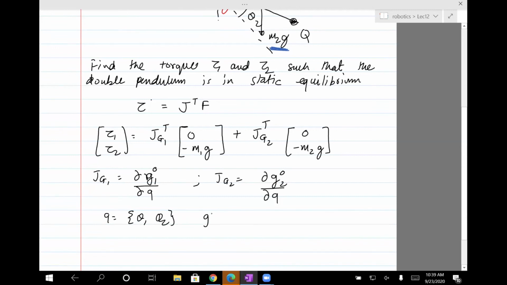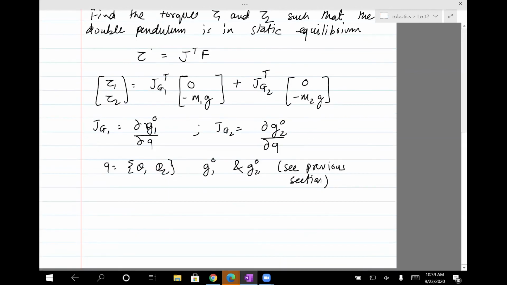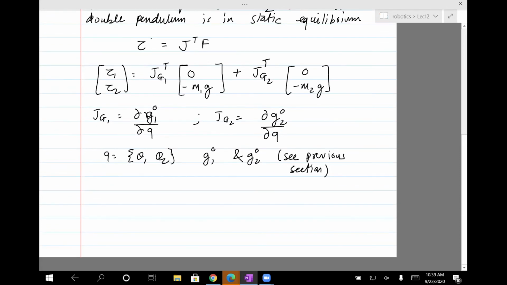I actually wrote this down in the previous section. In fact, I wrote down the formulas for these two Jacobians, so I've already done that calculation. I only need to substitute in here. I need to take the JG1, take the transpose and simplify this.